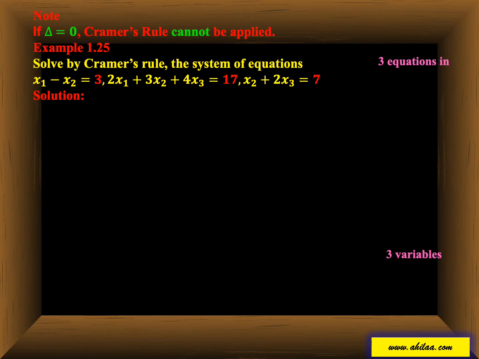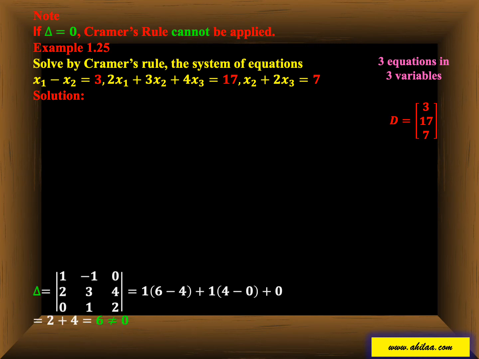Yeah, 3 variables. What are they? x1, x2 and x3. And all the constants are on the right hand side and I have marked them in red. So we need to collect all these right hand side constants as a column matrix capital D. So D equal to 3, 17, 7 as a column matrix.